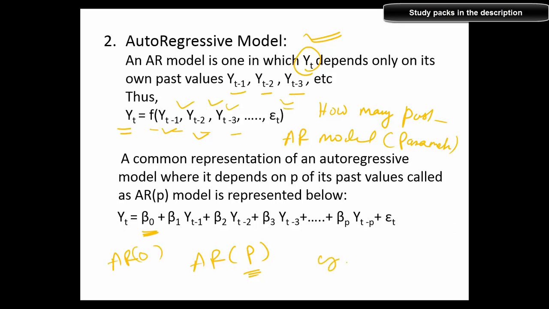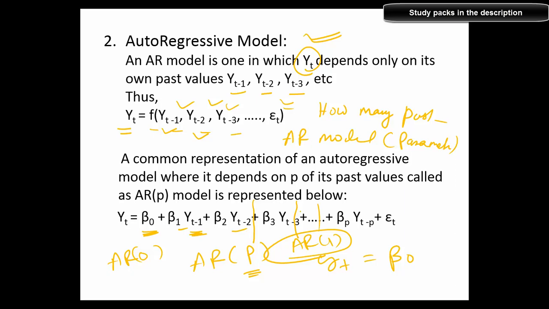AR0 model is yt is equal to beta naught, no y, right? If you have only yt minus 1, then this is an AR1 model. If it is AR2, then yt minus 1, yt minus 2. If it is AR3, then include this one also. If it's AR4, go next, and so on.